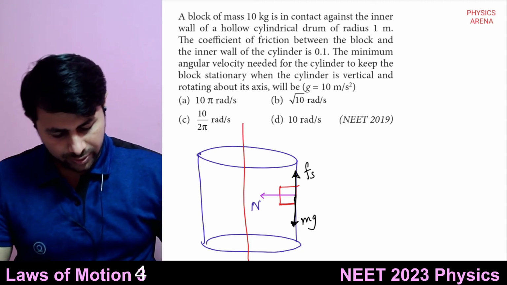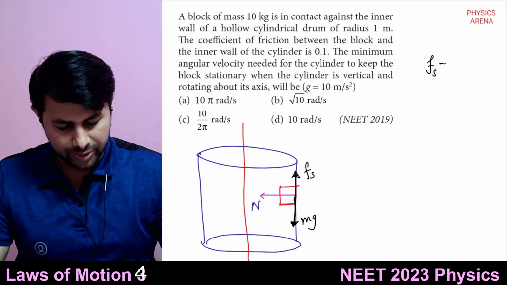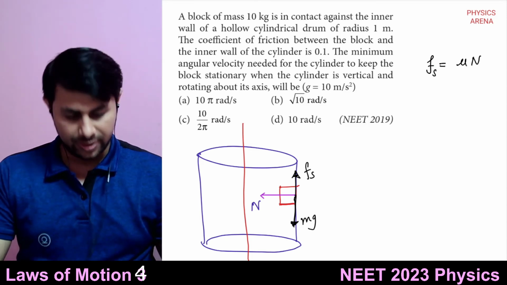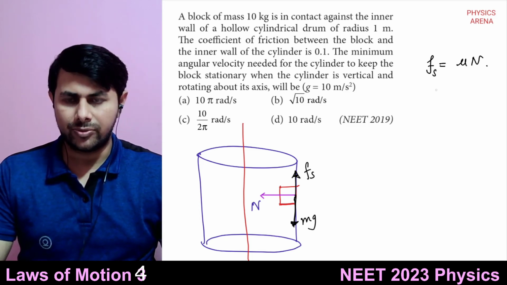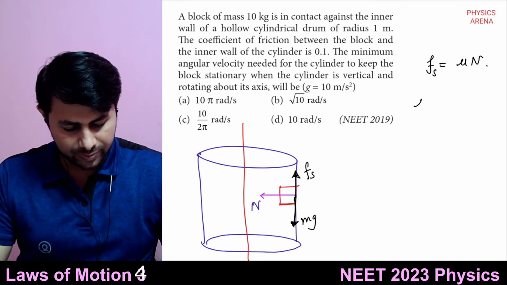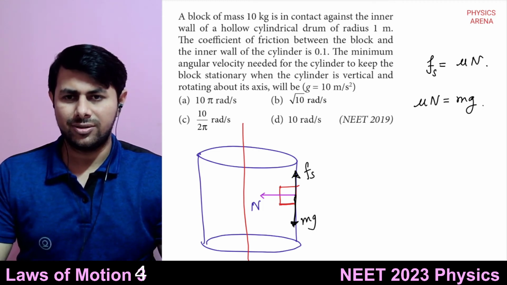This frictional force is equal to mu multiplied by the normal reaction, and since it doesn't fall, the frictional force must be equal to the gravitational force. Therefore it doesn't fall.